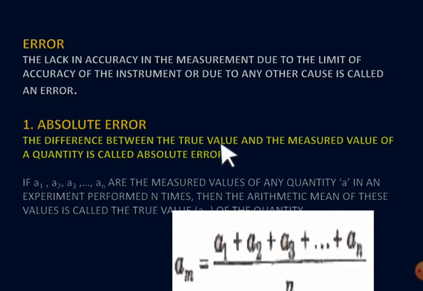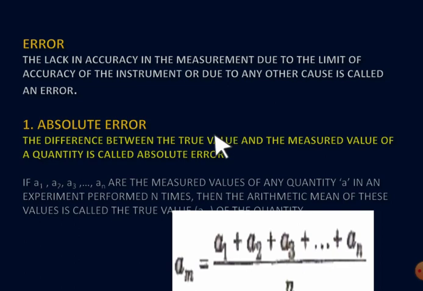The accurate, actual measurement, or rather the correct value of the measurement, we call that the true value. Suppose you are going to measure the mass of a given body, and that given body is exactly 1 kilogram, then the true value of that measurement of mass is 1 kilogram.